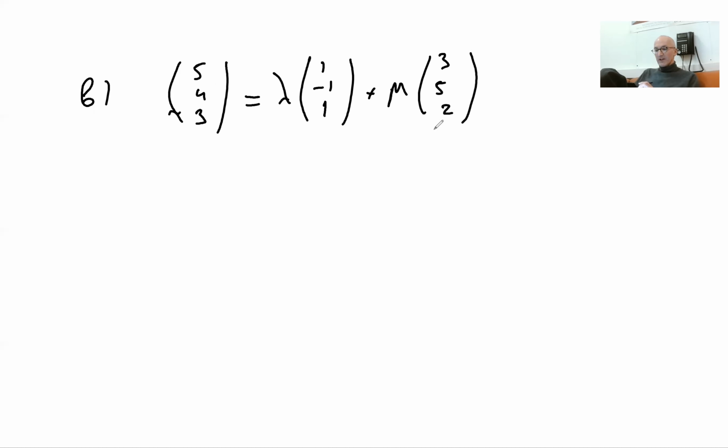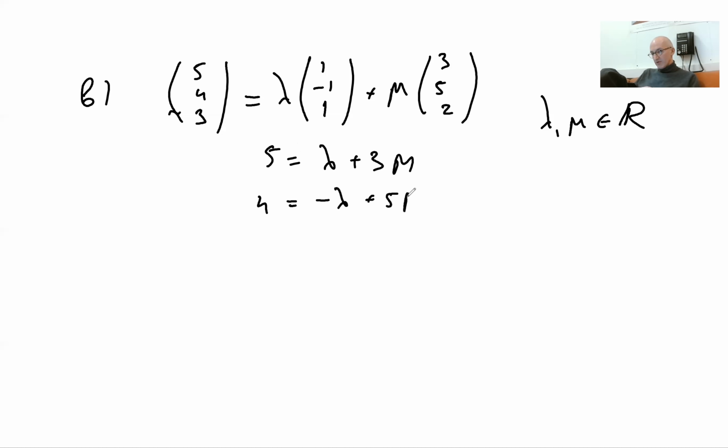If we can find such real numbers lambda and mu, we're done. If we show that they don't exist, we're also done. This gives us a bunch of equations: 5 equals lambda plus 3 mu, 4 equals minus lambda plus 5 mu, and 3 equals lambda plus 2 mu.